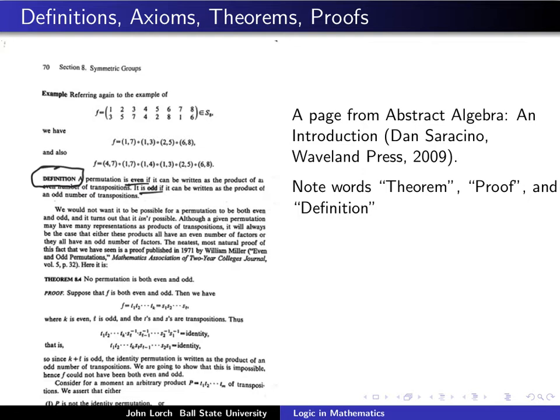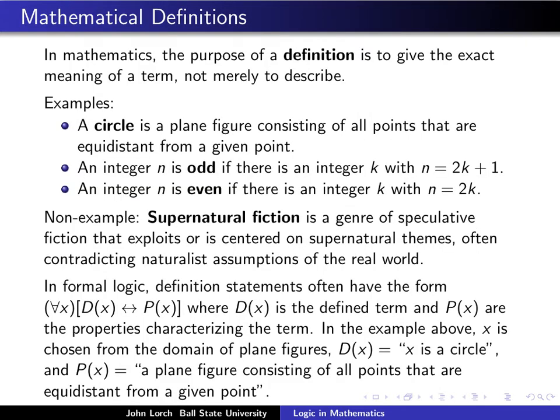We also see the word theorem, right, which is a statement, a true statement. And then below it, very important word is the word proof, where we provide an argument that that statement is true. Over the next few slides, we'll unpack some of the words that commonly occur in mathematical theory.